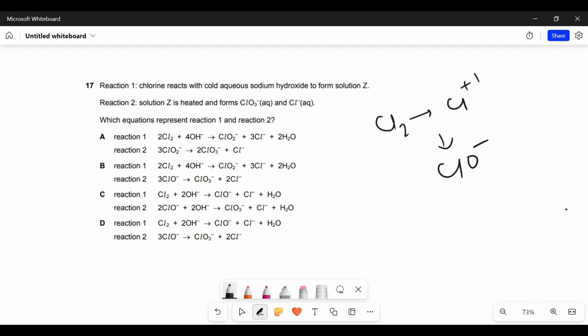If you calculate the oxidation state of chlorine here, it will be plus 1. Second statement is solution Z, that means ClO minus, when it is heated, it forms ClO3 minus and Cl minus ion. I can see that option D is the correct response.